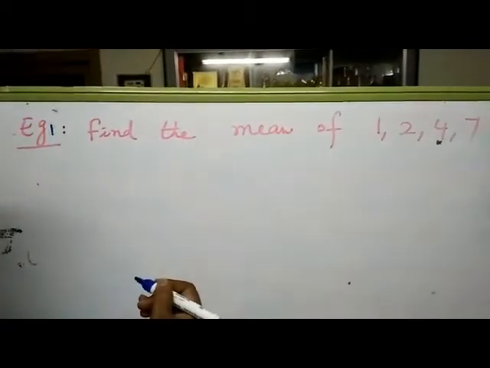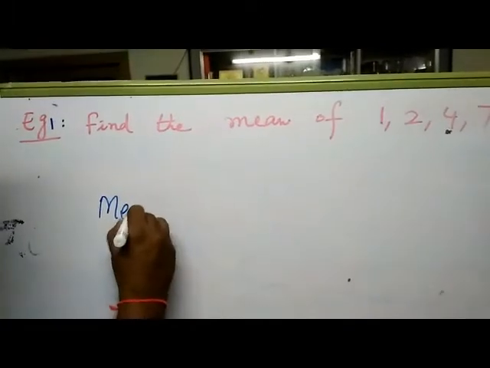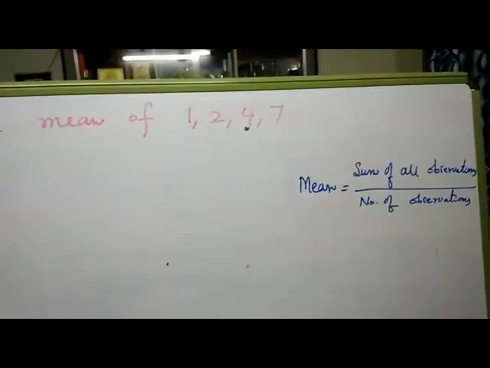Mean of 1, 2, 4, 7. So arithmetic mean is equal to sum of all observations by number of observations.